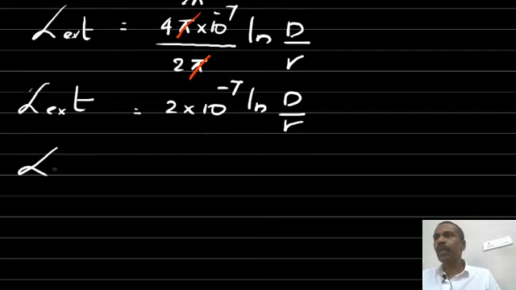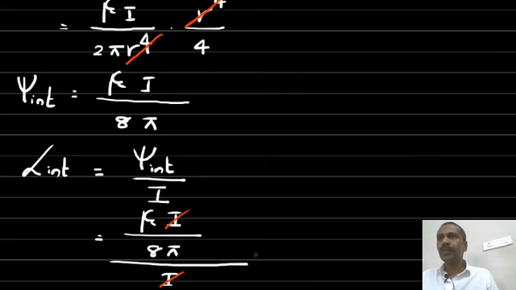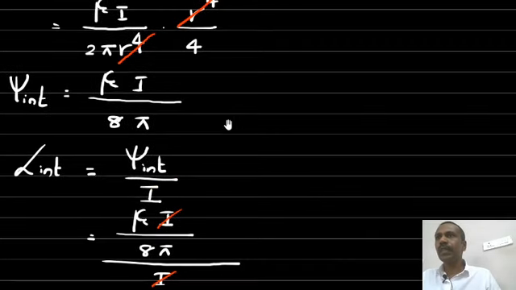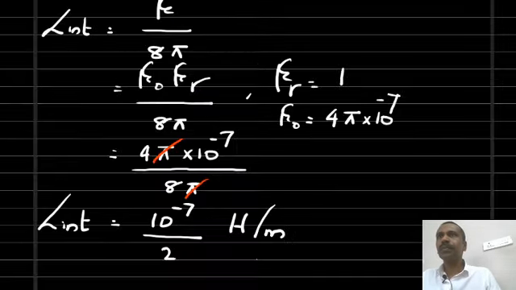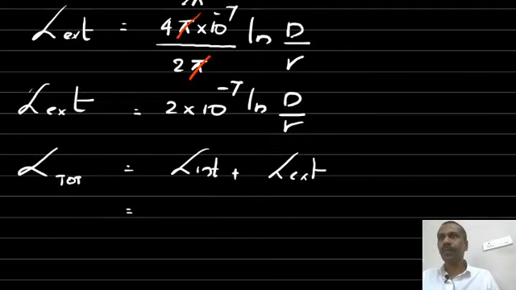What is the total inductance? It is equal to L internal plus L external. What is the internal flux linkage? This is our internal flux linkage, 10 raised to minus 7 by 2 Henry per meter. Here also the unit is Henry per meter.